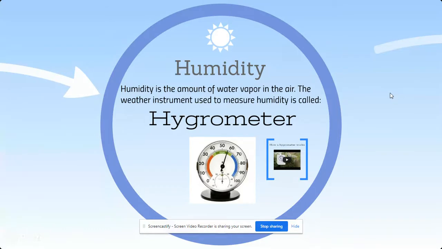Your arms, face, and legs feel sticky. It's not a sweat feeling, but almost like you ran through a car wash. Sometimes that water vapor collects on you as you're running. When you go outside and it feels really muggy and damp in the air, that is humidity, and we use a hygrometer to measure that.